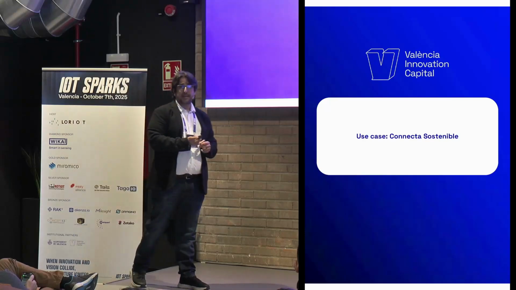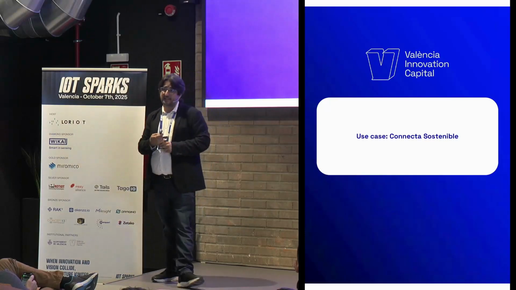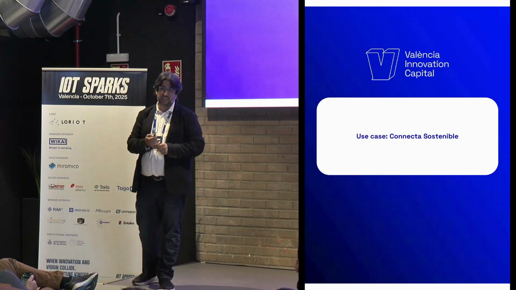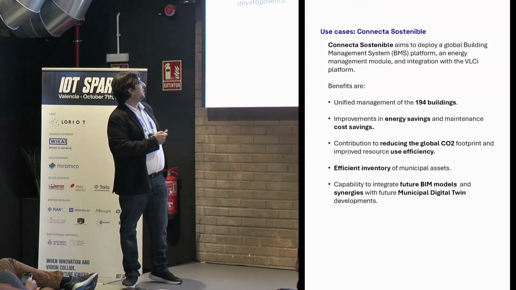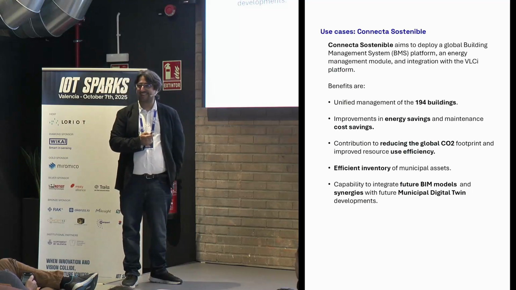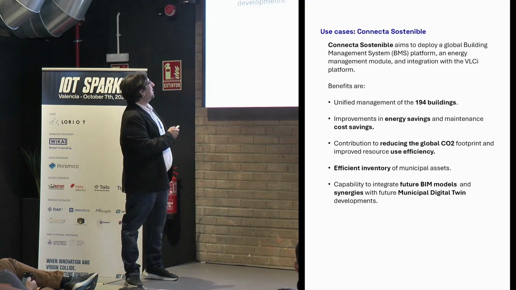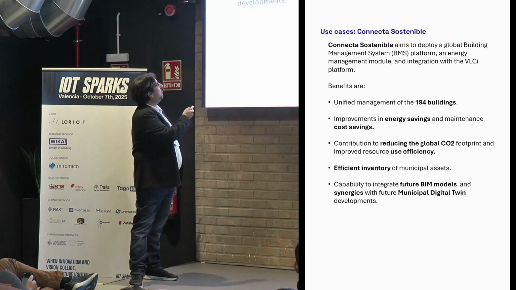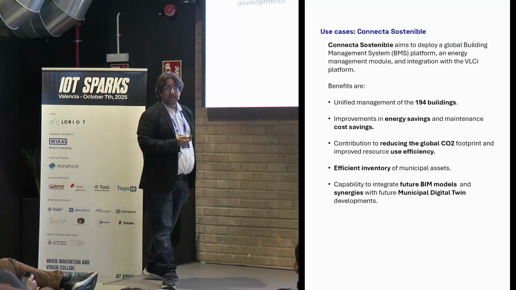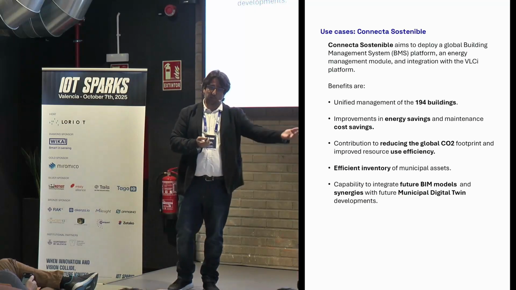This is the main case from Valencia City Council, Connecta Valencia. I just give you some figures about how it's done. What we look at here is the 194 buildings, and the main idea of what we get with this kind of projects.